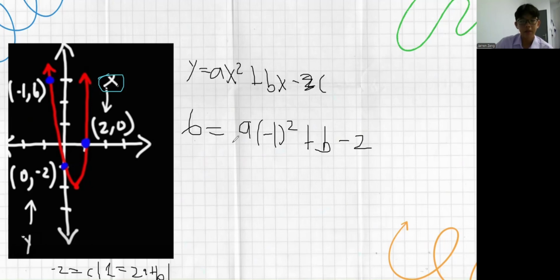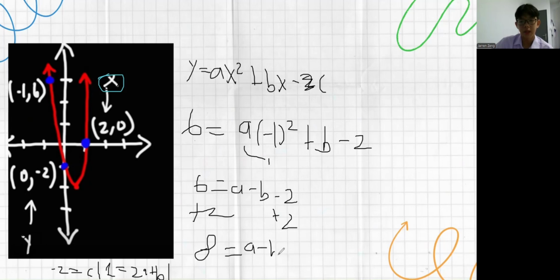Okay, and now minus 1 squared is basically 1, b times minus 1, so then we'll get 6 equals a minus b minus 2. Since we have minus 2 here, we're gonna add 2 on both sides. Therefore, we'll get 8 equals a minus b.